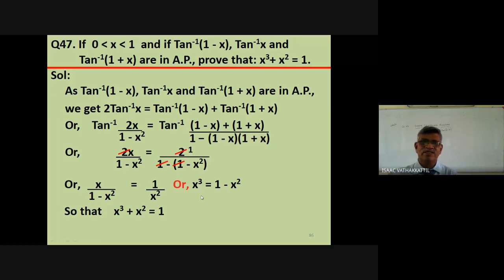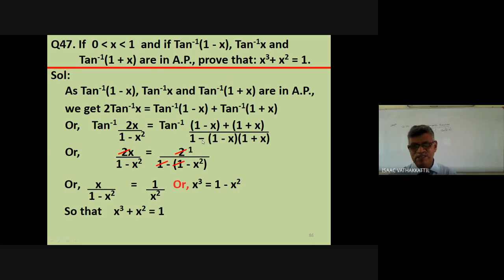What is given here? Tan inverse 1 minus x, tan inverse x, and tan inverse 1 plus x are in arithmetic progression. Prove that x cube plus x squared equal to 1. We applied the property that if a, b, c are in arithmetic progression, then 2b equal to a plus c.